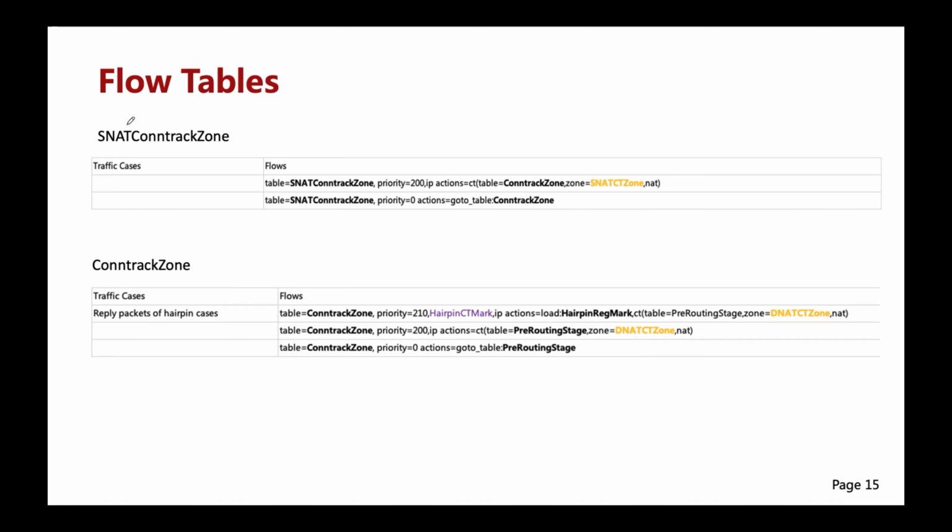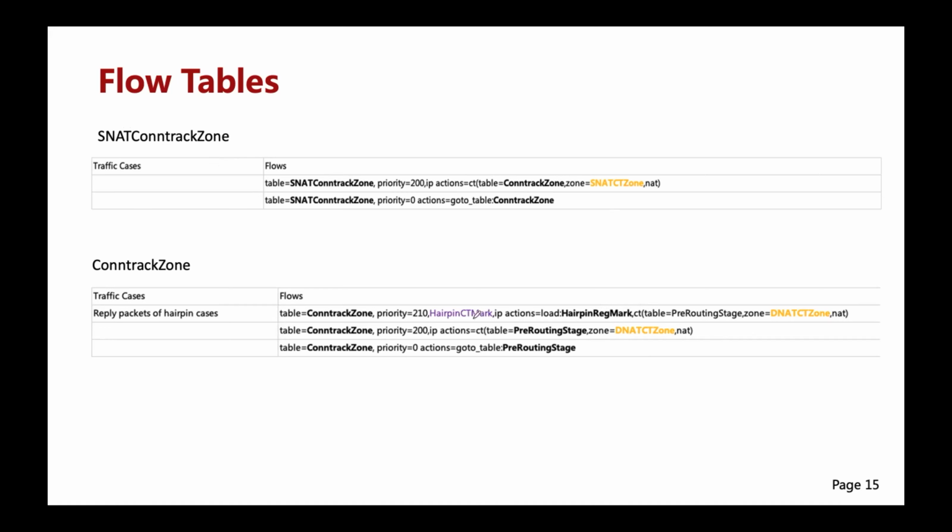After the packet passes the SNAT conntrack zone, the CTMark can be read. Then the hairpin reg mark will be set, and the packet can be output normally.